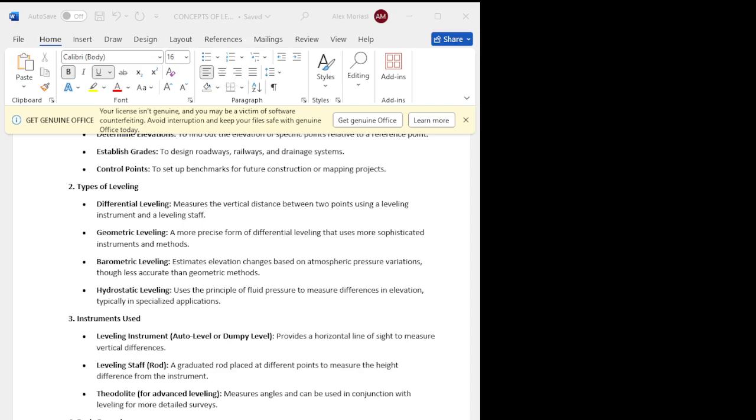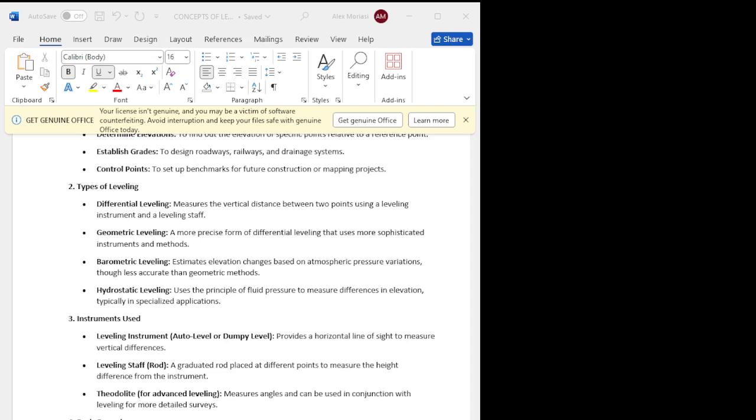Barometric leveling estimates elevation changes based on atmospheric pressure variations, though less accurate than the geometric method. Hydrostatic leveling uses the principle of fluid pressure to measure differences in elevation, typically in specialized applications.